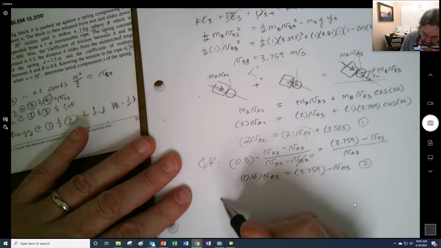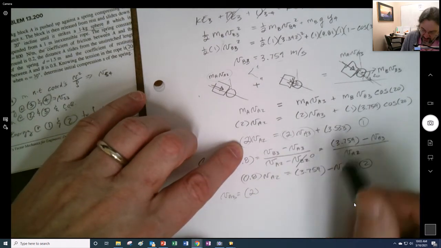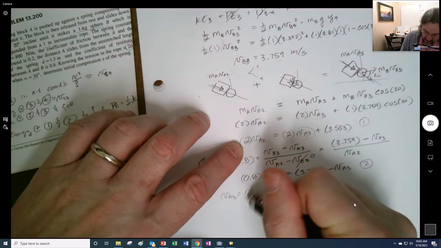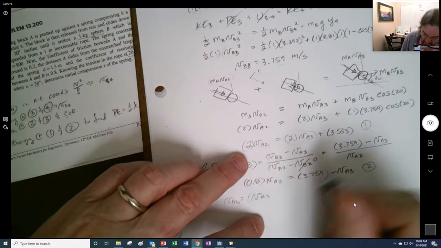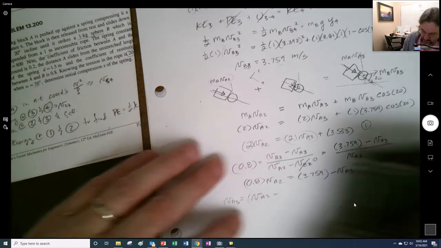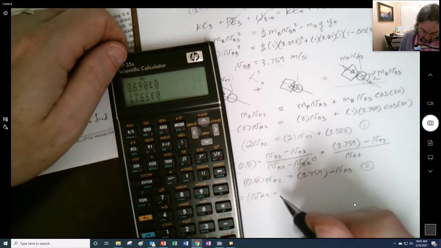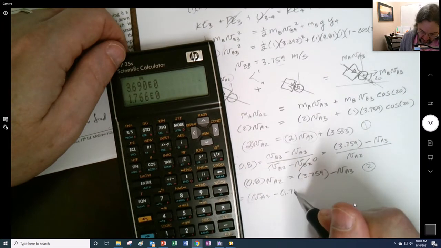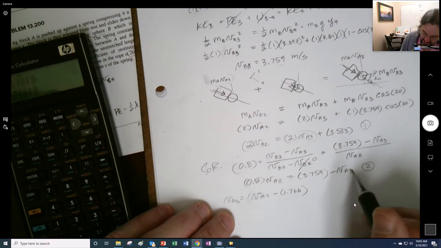So I'm going to say that VA3 is going to be equal to, but then we're going to divide through by 2, so we could actually just look at there and say that we're going to have VA2 and then minus right here, and then I'll go ahead and subtract it so I don't have to write it down again. Divide that by 2. Boom. We have 1.766.